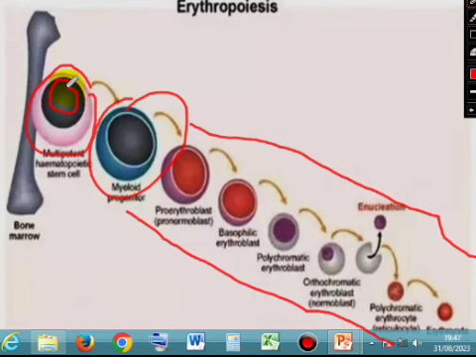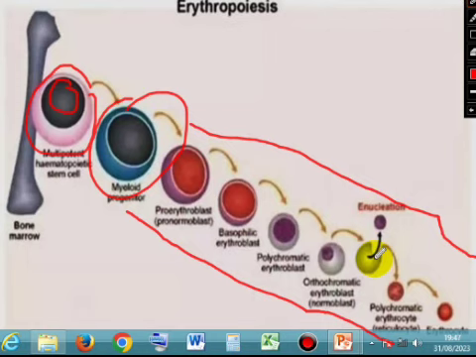Not only the size, there are also changes in the nucleus. Remember that red blood cells are non-nucleated formed elements of the blood, which means they don't have a nucleus.